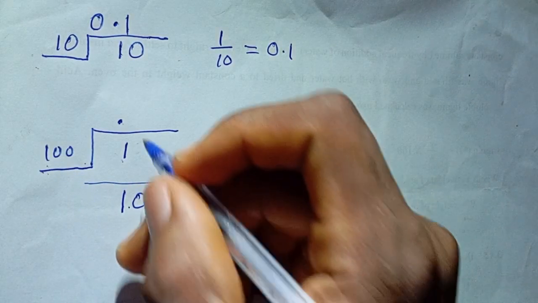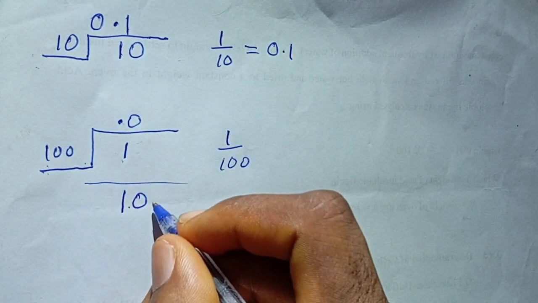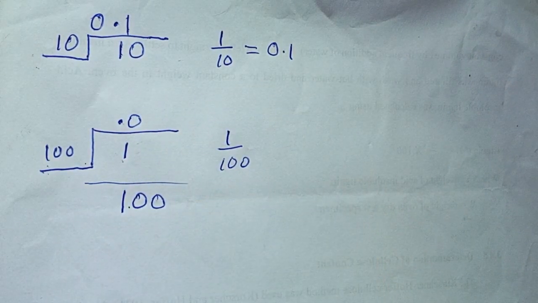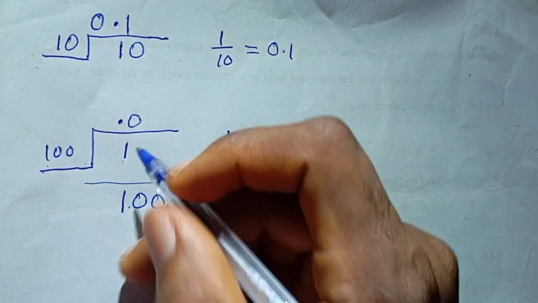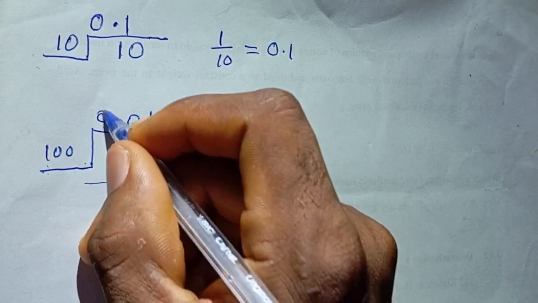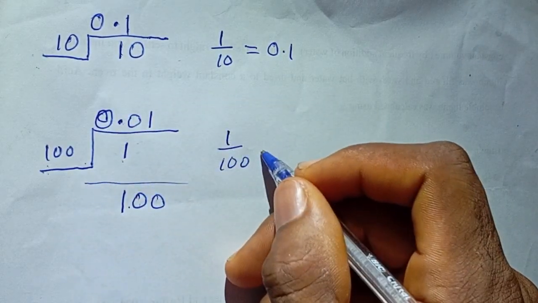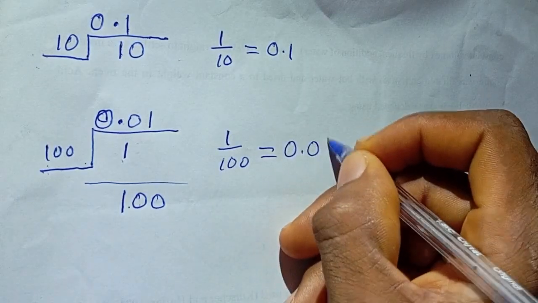We do what? We add 0 again to this one, and then we add 0 to this other one. 100 divided by 100 is what? It is 1. So 1 over 100 is what? 0.01.